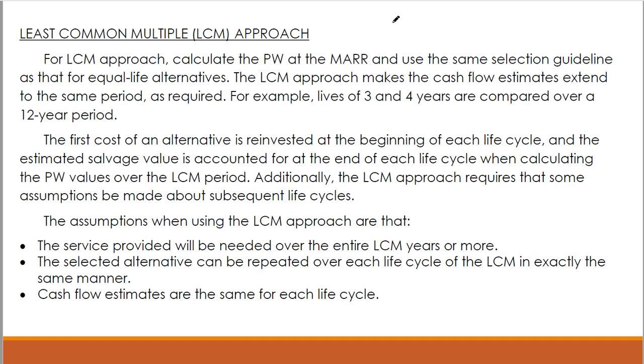That's the first 3 years. So the next 3 years are the same. You have an initial cost of 1 million and then 500,000 operations and maintenance cost. The same in the next 3 years until we meet our analysis period of 12 years.